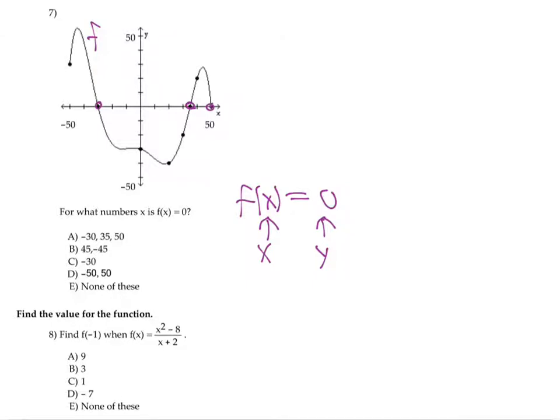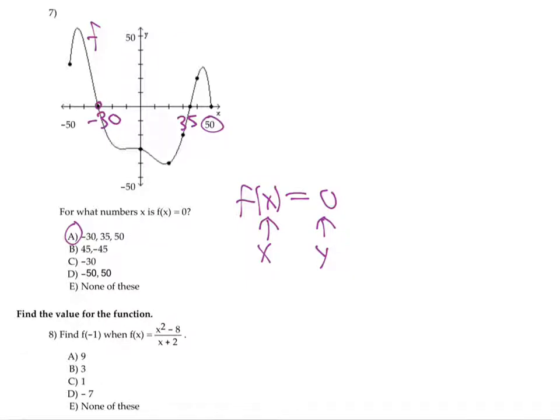That function f is at a y value of 0 at 3 different places. What is that? Negative 30? And then I can't tell what this one is. It's 30, 35, I guess, and 50. Yeah, A. Does that make sense? Those are the 3 x values that have a y height of 0.